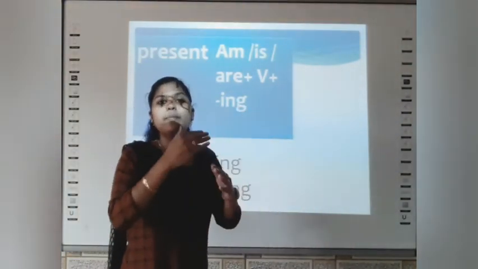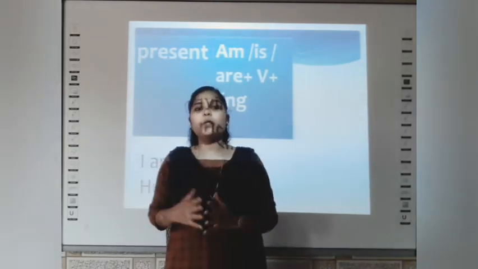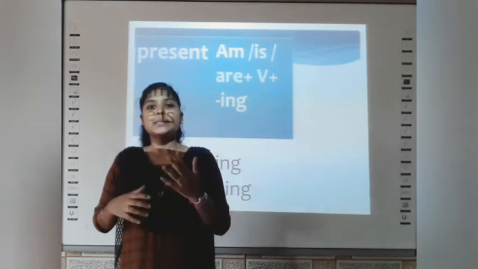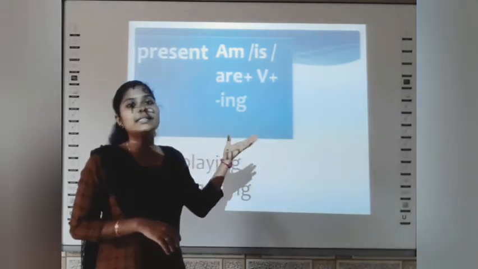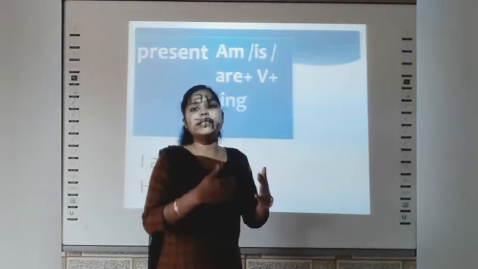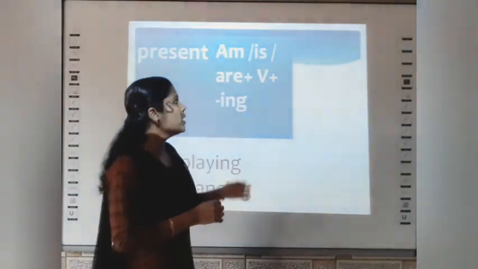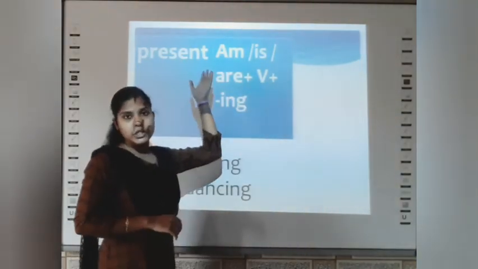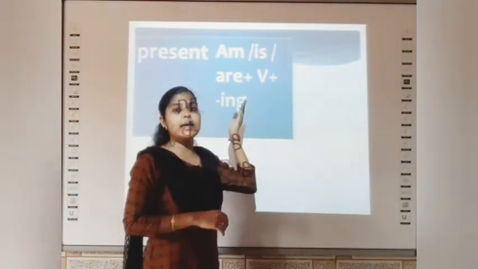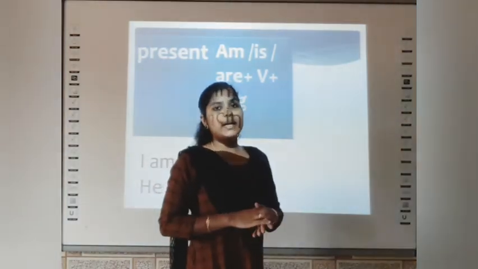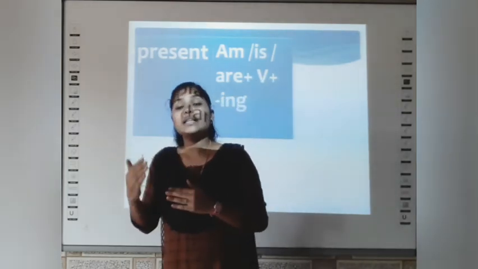It is going on: playing, singing, dancing, moving, listening, speaking. This ing is referring to the action being continuous. It's like the present participle form. So for present continuous, we have to add ing along with the verb. Is that clear?